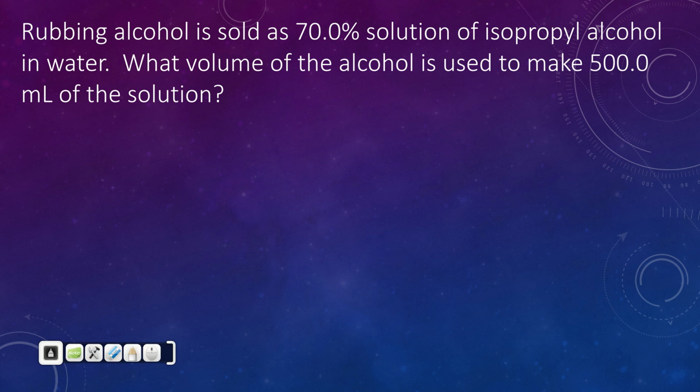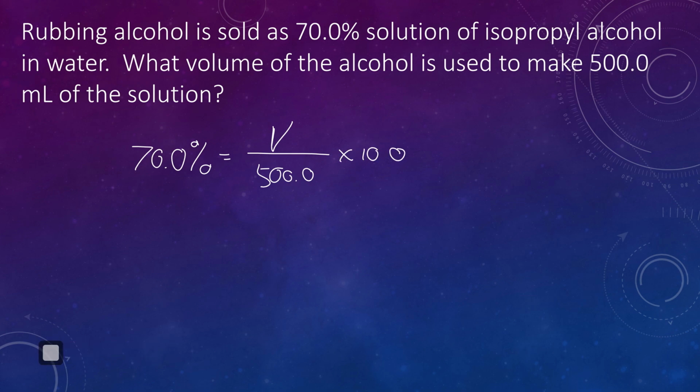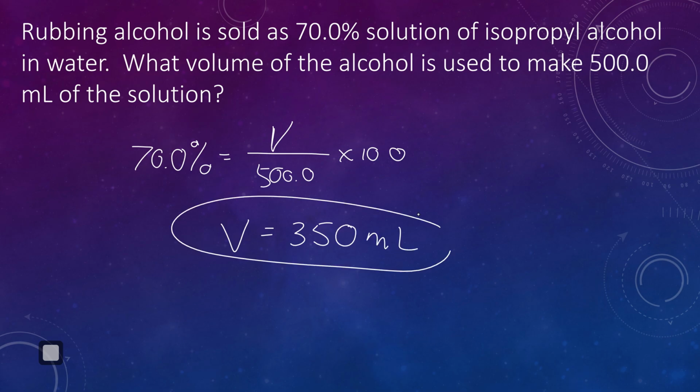So we're given the percentage, so 70.0% equals volume over 500 times 100. 70 divided by 100 times 500, and I get V is equal to 350 milliliters. Okay? You'd have to leave it that way. I know it's 3 sig figs, that goes down to 2. I would just leave it at that.